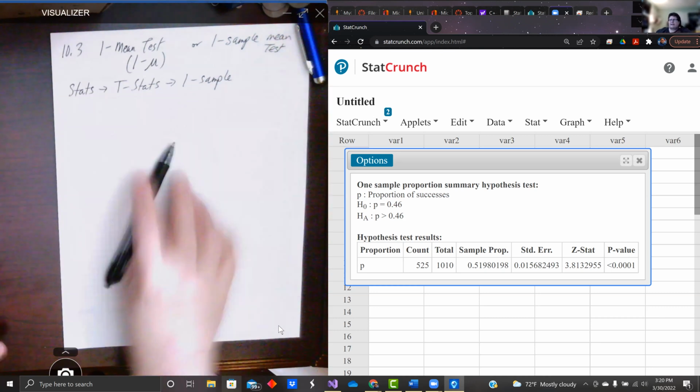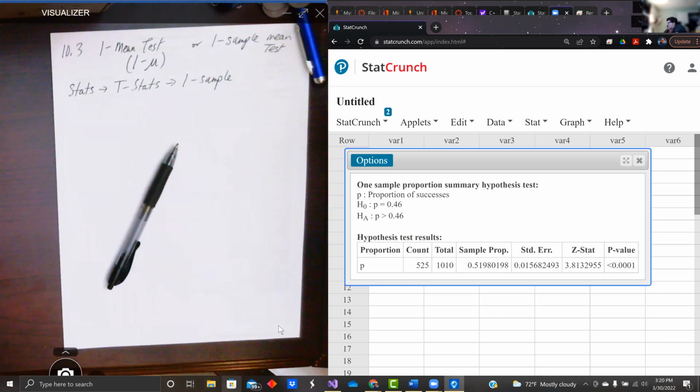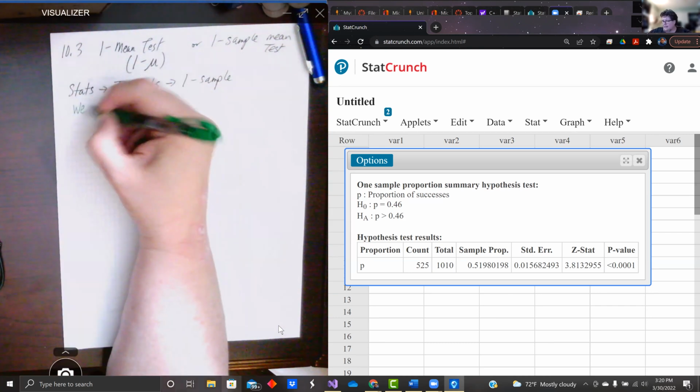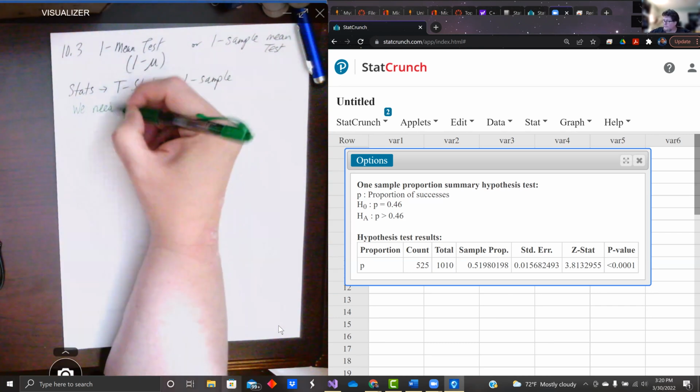And whether we use data or summary information depends entirely on what they give us. Sometimes we have all the data, sometimes they give it to us summarized. Remember, we want a normal distribution. We need a normal distribution for this to work.